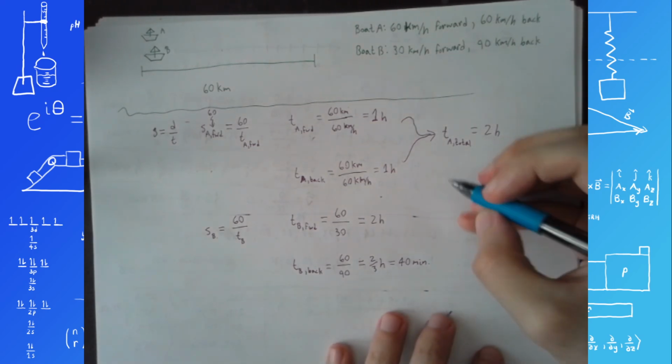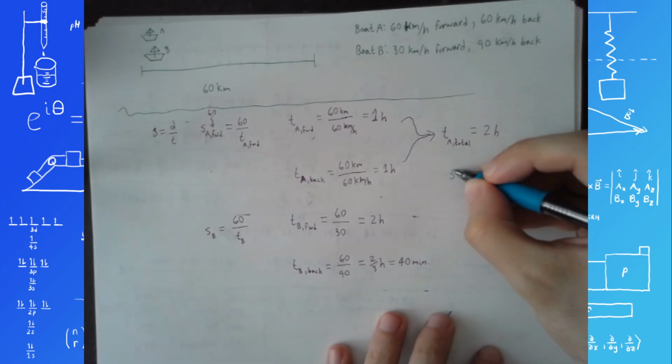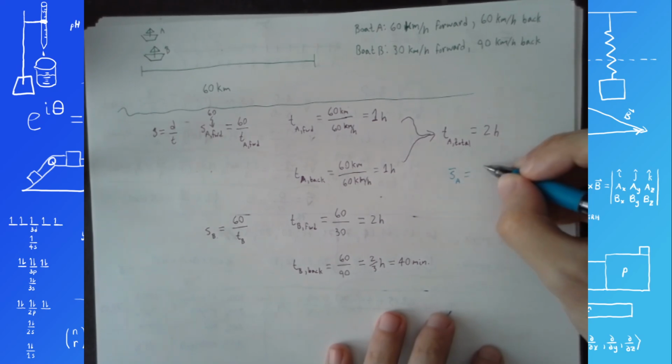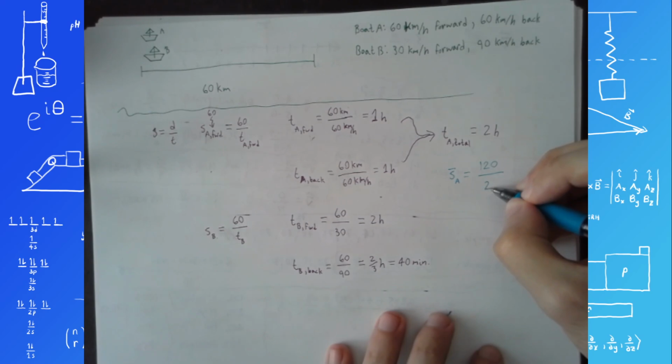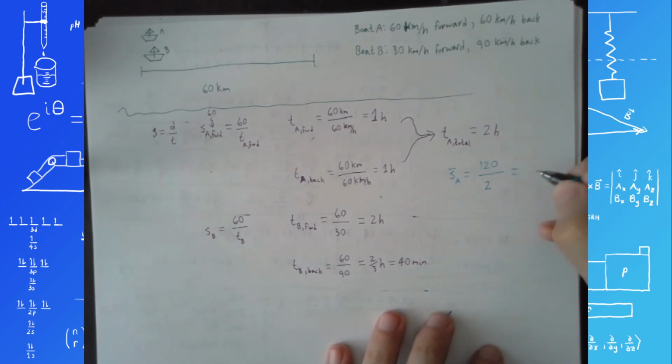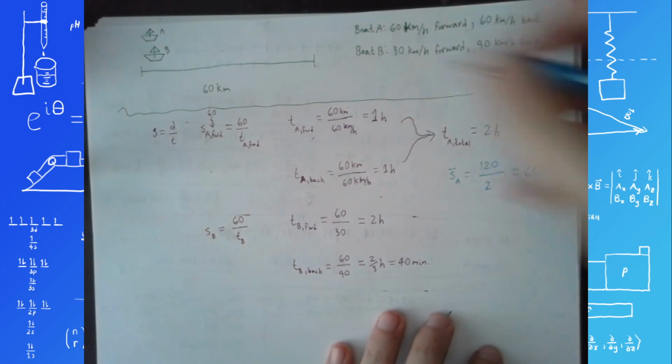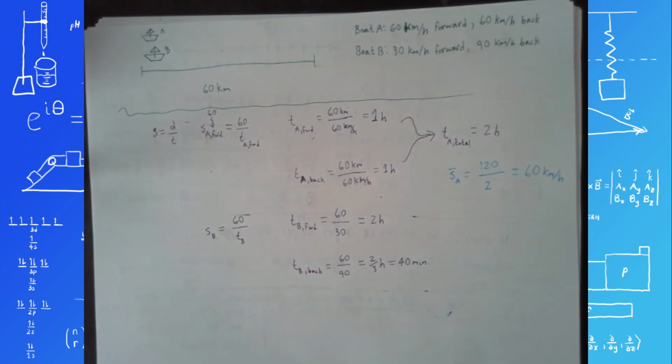Total distance over total time is the formula. So speed of boat A, average speed for the full trip, is total distance 120 kilometers forward and back divided by total time, 2 hours, equals 60 kilometers per hour. That's not a surprise. If you only travel at one speed the whole entire time, then that is your average.